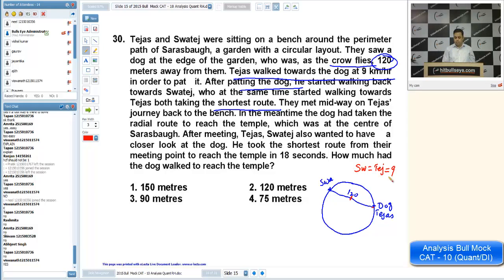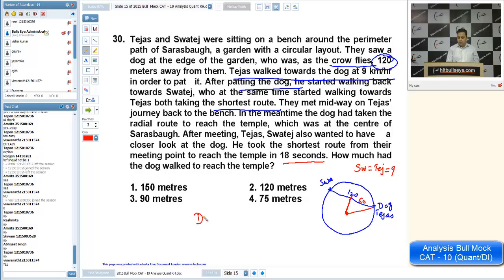km/h. Now, in the meantime, the dog has taken the radial route and come to the temple, which is at the mid of the circle. So the dog has traveled this much distance. Since both of them have met in the middle, this distance is 60, and this distance will be equal to the distance which Savtej is covering. And it is given that Savtej took 18 seconds to cover this distance.